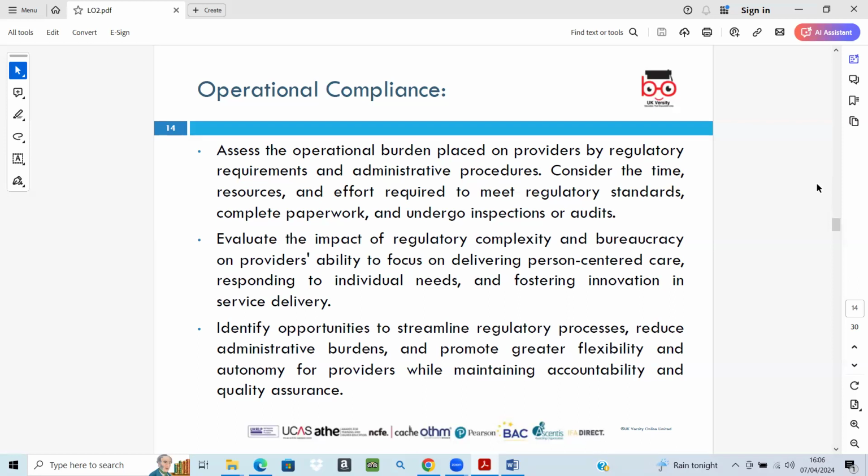And we always look for opportunities to promote greater flexibility and autonomy for the provider as well as for the service user. We always try to balance regulatory requirements with service quality.